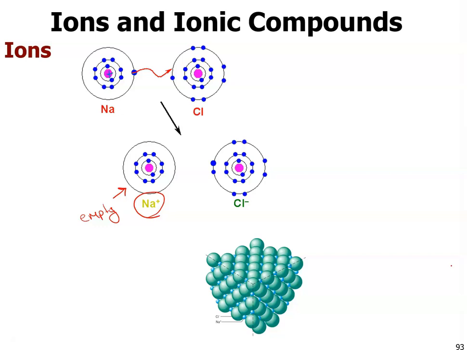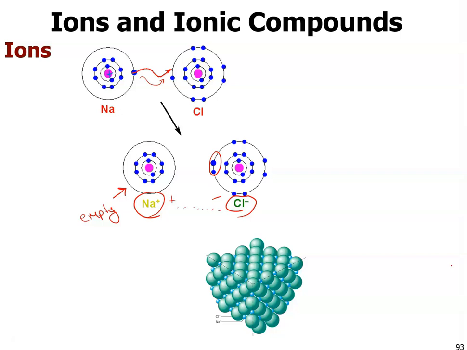And if this chlorine is close by, the electron moves over and it will fill up this open spot. And the chlorine then takes on a negative charge. So now we have a positive charge and a negative charge, and these are attractive to each other.